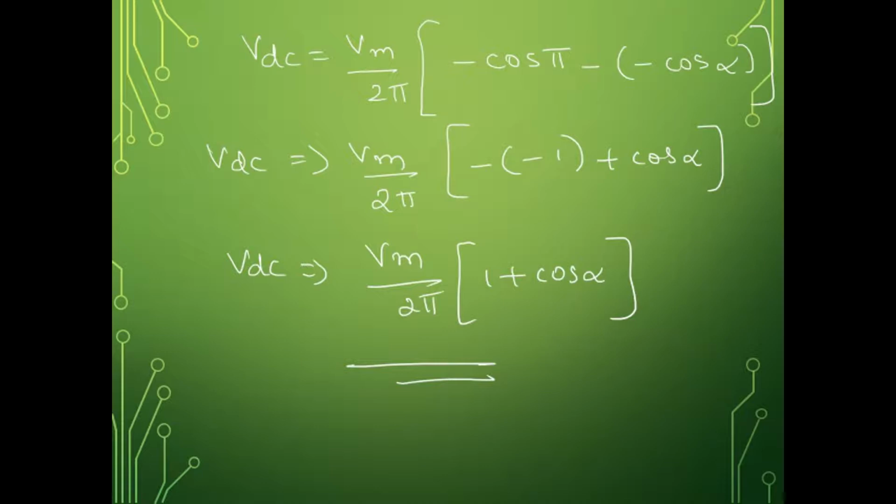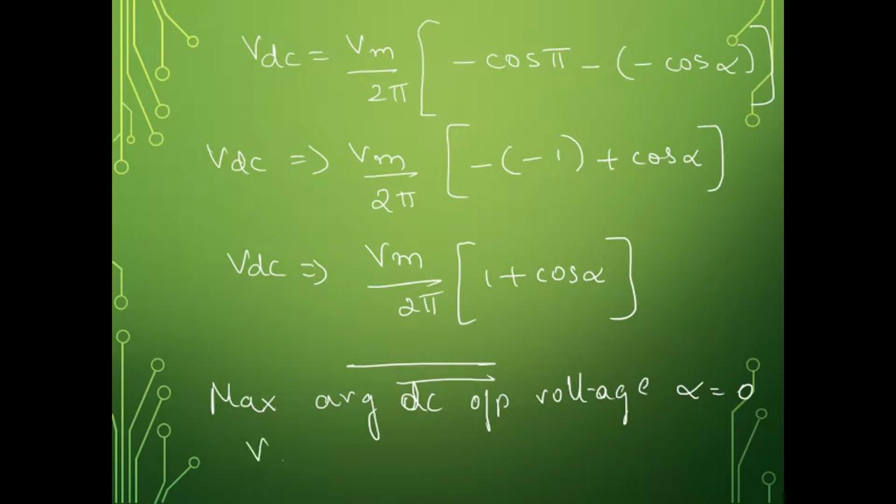If we want the maximum average DC output voltage, we can obtain it by substituting alpha equal to 0. So if alpha is equal to 0, what is VDC maximum?